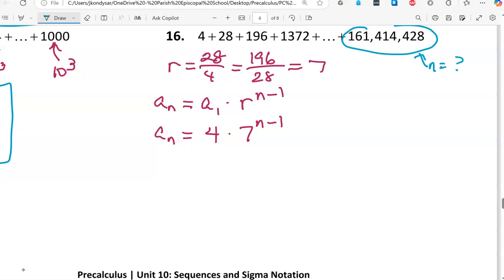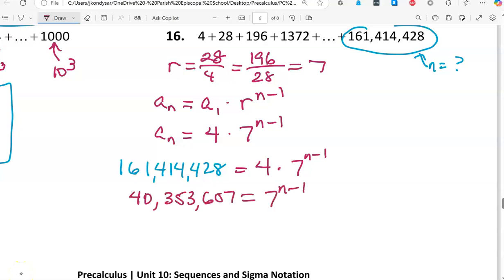And so I'm going to replace that a sub n with 161,414,428, and then solve for the value of n, or the number of the term. In order to solve this equation, we need to begin by dividing by 4, which gives us 40,353,607.